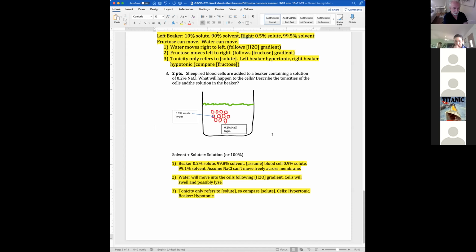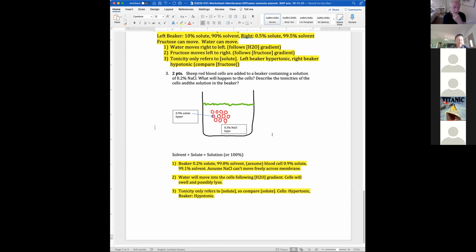So if you want to think about which way water is going to move, think about the water concentration in the beaker and the water concentration in the cells. The water concentration in the beaker is 99.8% water, whereas in the cells, it's 99.1%.